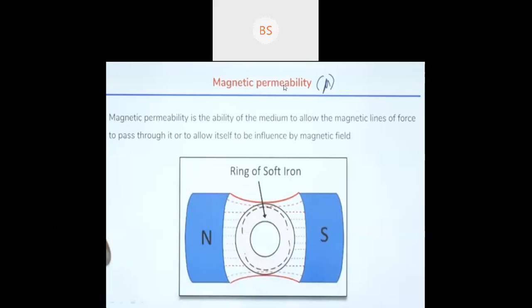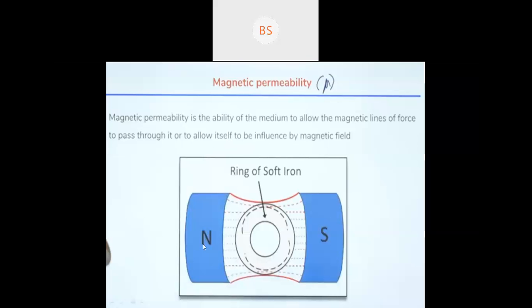So next is magnetic permeability. What do you mean by magnetic permeability? Magnetic permeability is the ability of the medium to allow the magnetic lines of force to pass through it, or to allow itself to be influenced by a magnetic field.